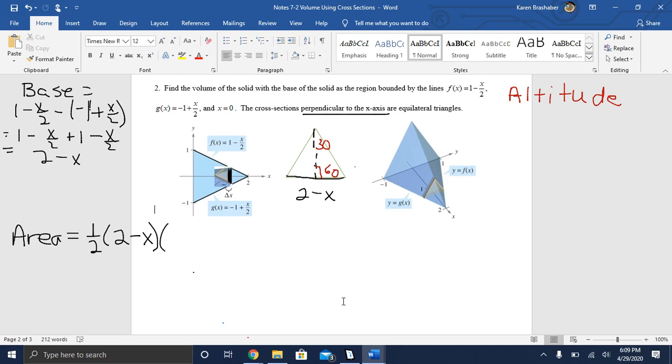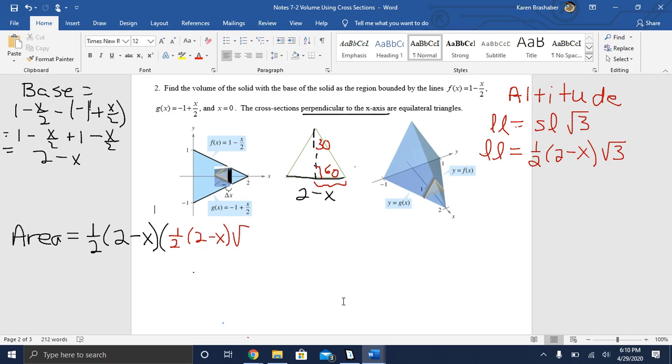So the altitude is going to be a long leg when you look at that arrangement, and the long leg is equal to the short leg times the square root of 3. The short leg in our drawing is half of this base. So 1/2 times 2 minus x times the square root of 3 is going to be our long leg, which is the height of our triangle.